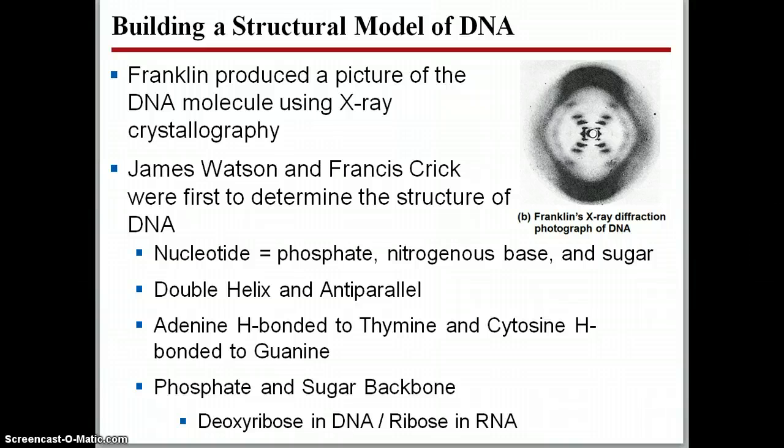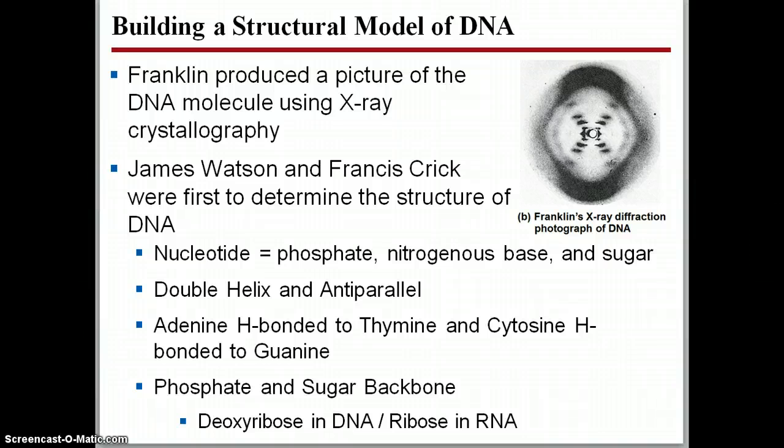James Watson and Francis Crick also discovered additional aspects of the structure of DNA. So they determined how the nucleotide, the phosphate, nitrogenous base, and a sugar were arranged. They found that all DNA molecules were a double helix. They were anti-parallel, meaning that one side went 5' to 3' and the other side went the opposite direction, 5' to 3'.